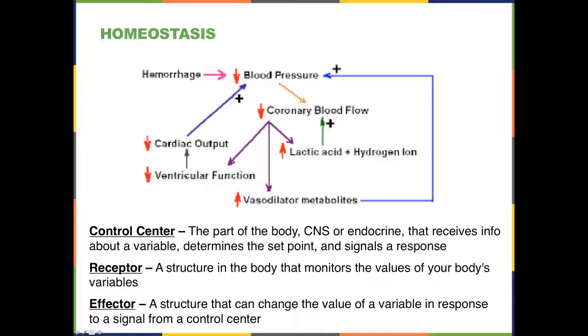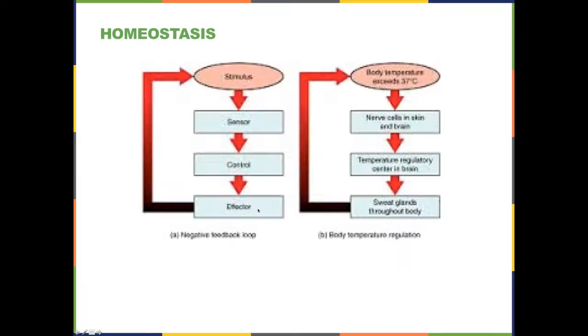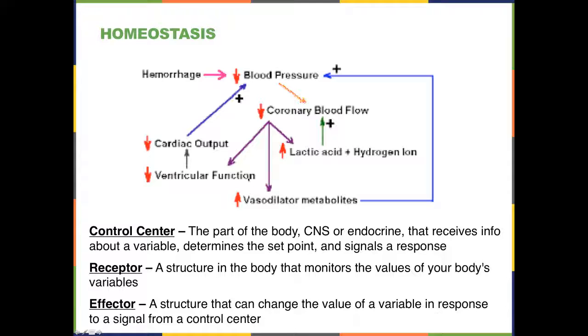And one is an increase. Well, it results in a decrease in cardiac function and coronary blood flow, etc. But then the response to this will be to increase the cardiac output, increase the ventricular function, and lead to an increase in the blood pressure.